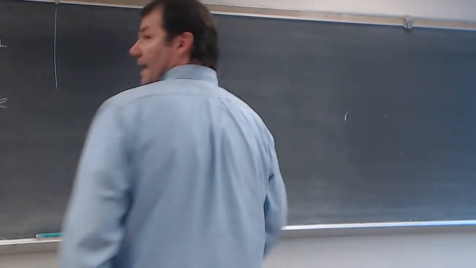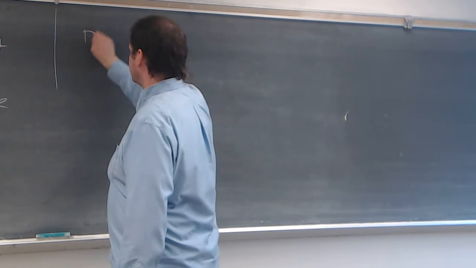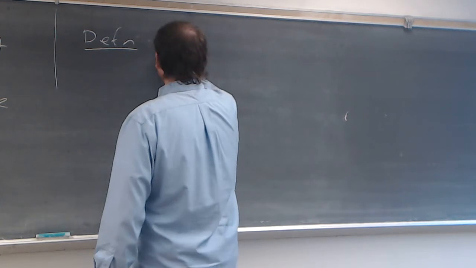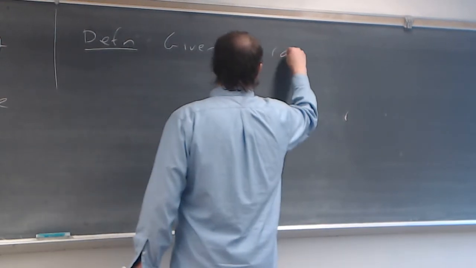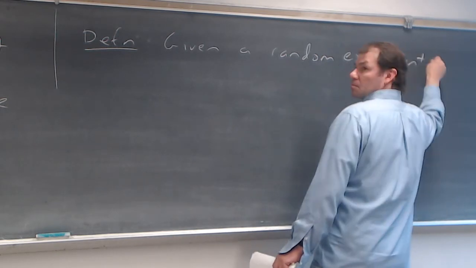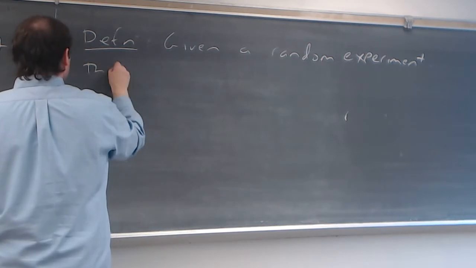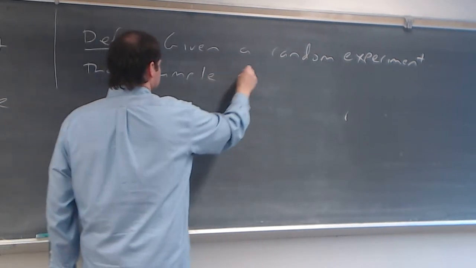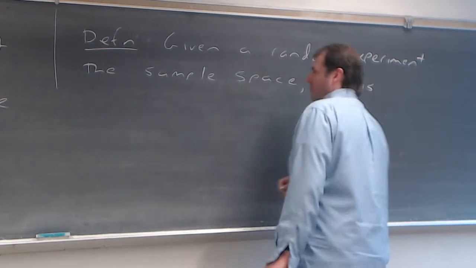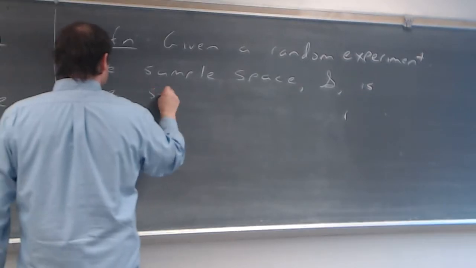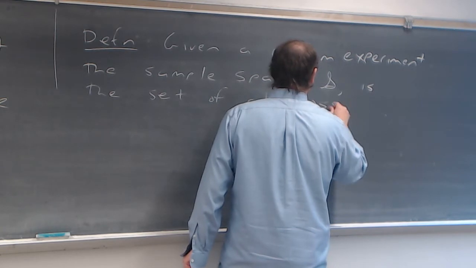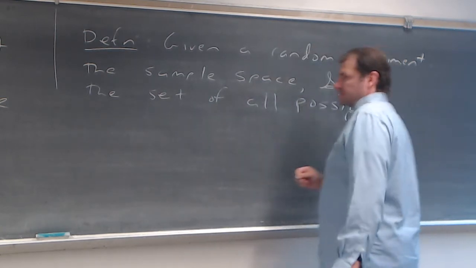The next thing I want to look at is a definition for the sample space. So, given a random experiment, the sample space, script S, is the set of all possible outcomes.